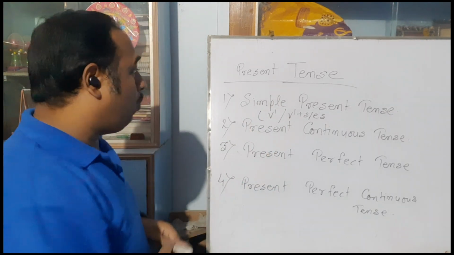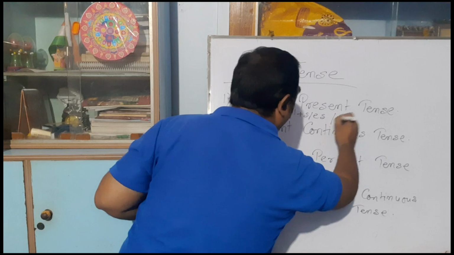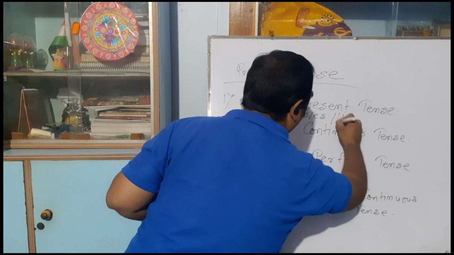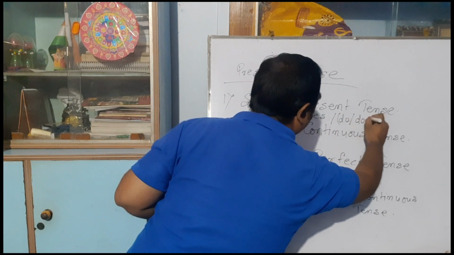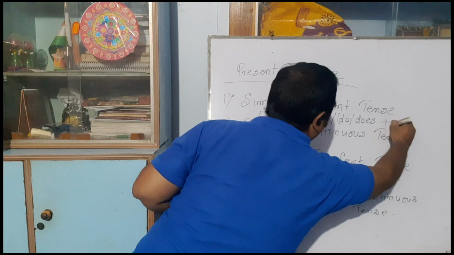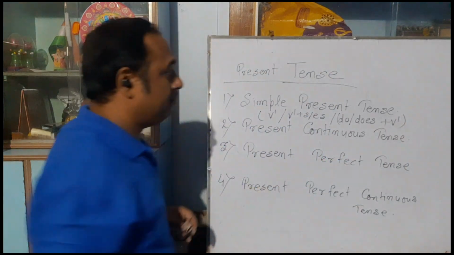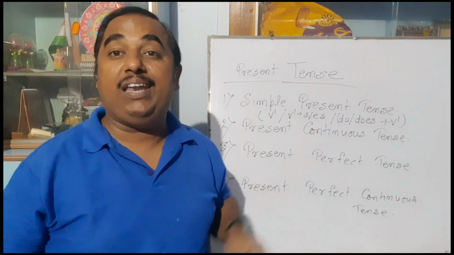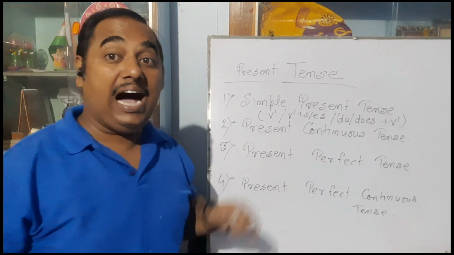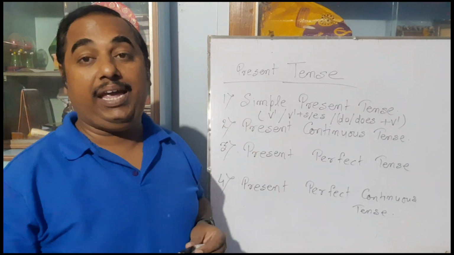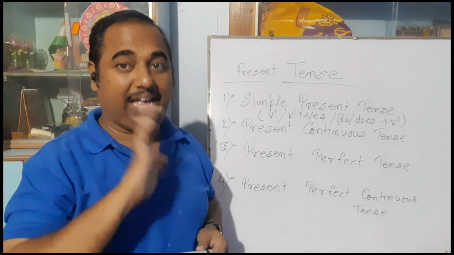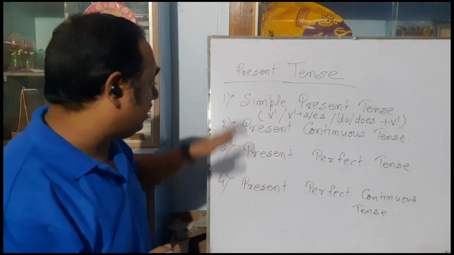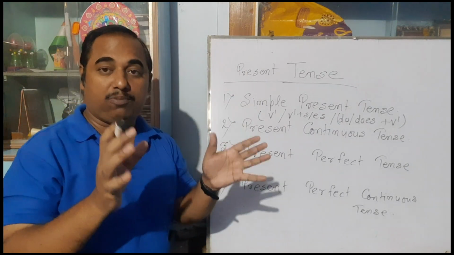Now, if you see one more thing, do or does, and with do or does you see V1, then again that will be simple present tense. This time I am just explaining in a short mode.